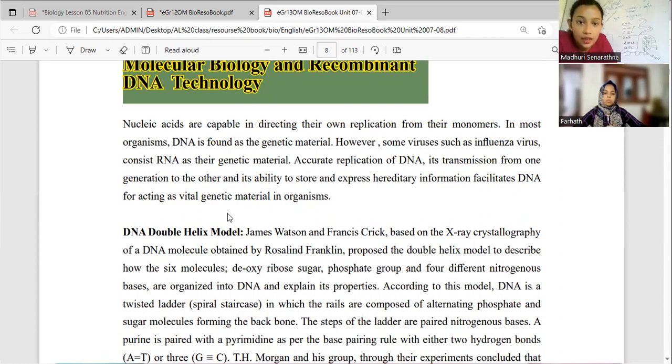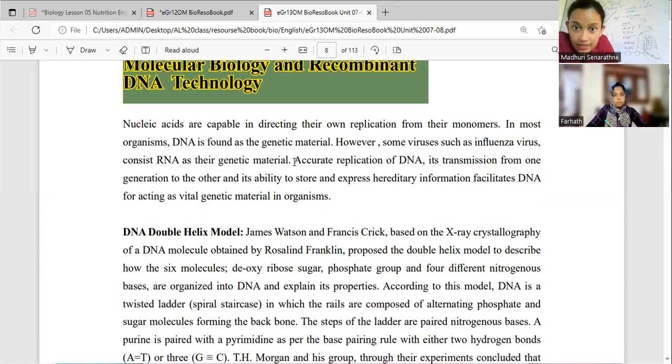Write your topic as reasons for DNA to act as the vital genetic material.